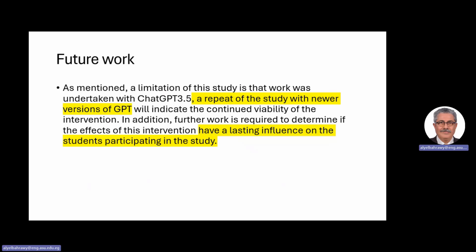Future work. As mentioned, a limitation of this study is that work was undertaken with ChatGPT 3.5. A repeat of the study with newer versions of GPT will indicate the continued viability of the intervention. In addition, further work is required to determine if the effects of this intervention have a lasting influence on the students participating in the survey.